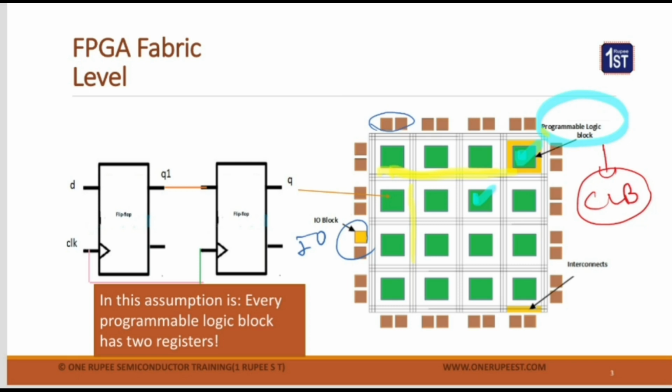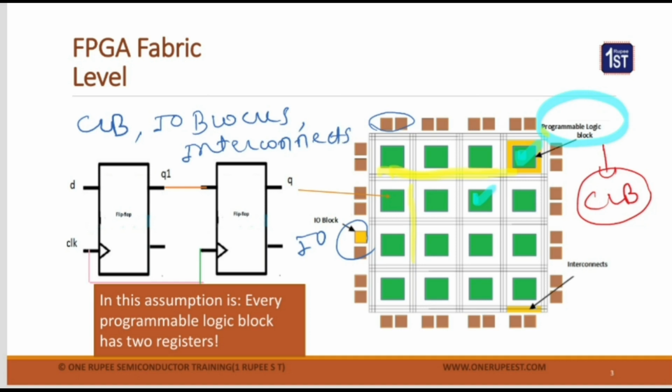At present, at the initial level, try to understand that the main FPGA resources are the configurable logic block or programmable logic block, then IO blocks and programmable interconnects. Understand about the CLB structure, IO block structure and interconnect structure, and then we can try to have a design.